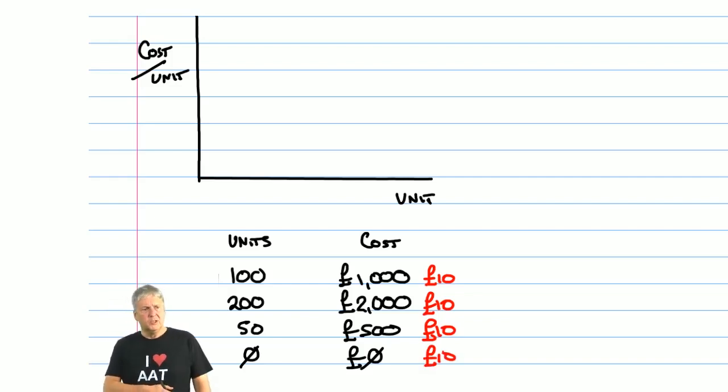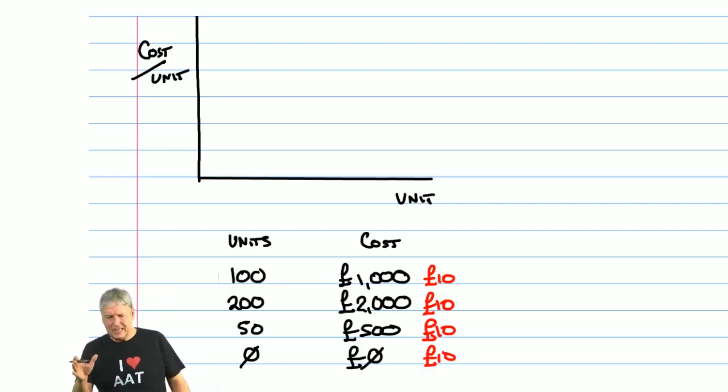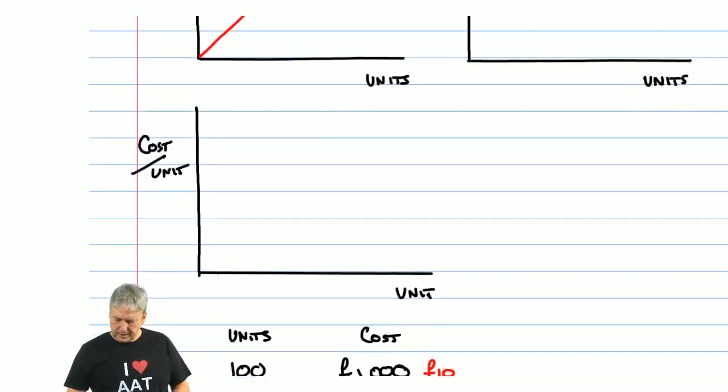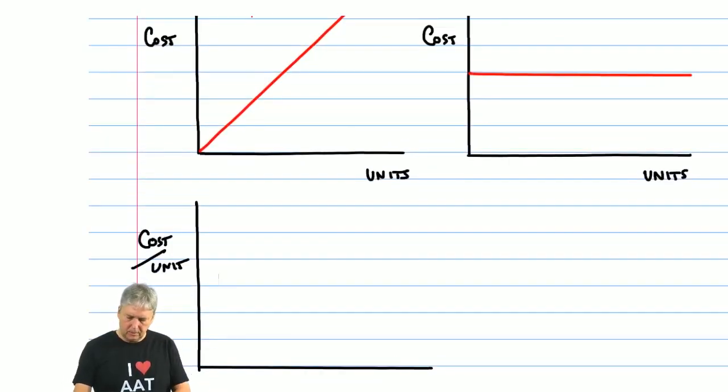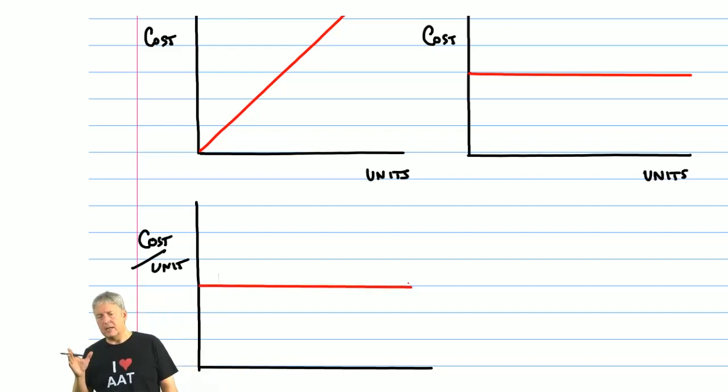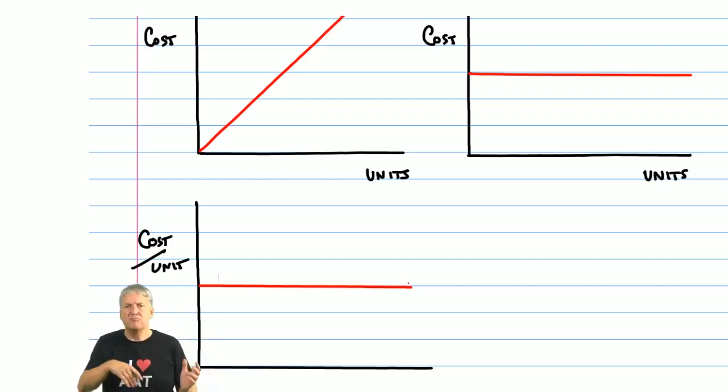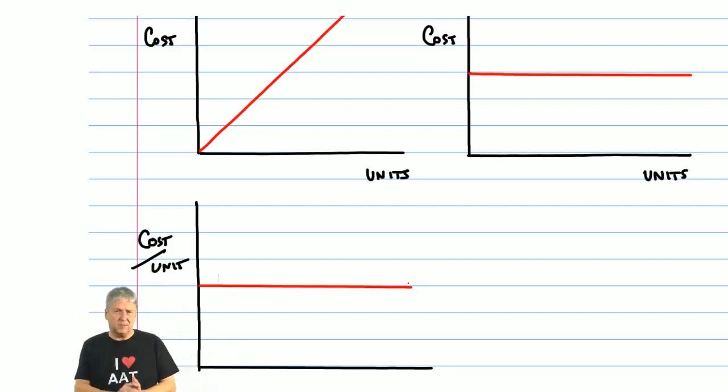Yeah? So what we're seeing here is that on a per unit basis, the cost per unit is a constant. And that is absolutely fundamental to all of cost behaviour and underpins all of this stuff that we'll learn about contribution and break-even, exciting stuff like that.